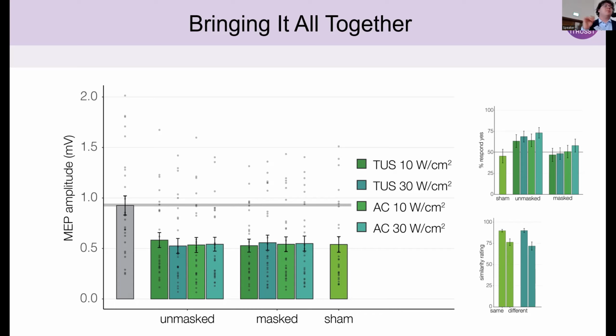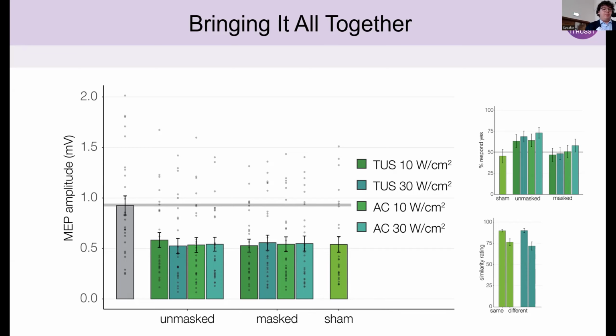But just because participants can't tell whether or not they've received ultrasound does not necessarily mean that they can't hear differences anyway. So what we've also done is presented people with the same stimuli twice, so hand area, or two different ones, so hand area, face area, with a masking stimulus. And what we see here is that while they still rate them as similar when there's two different sounds, they can hear more of a difference when there's different stimulation sites than not.